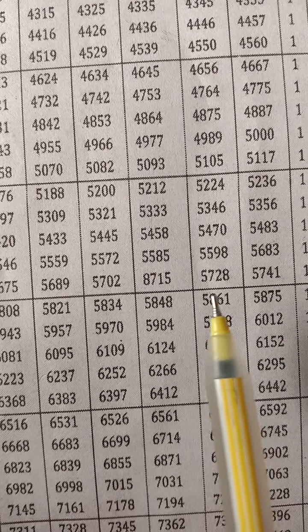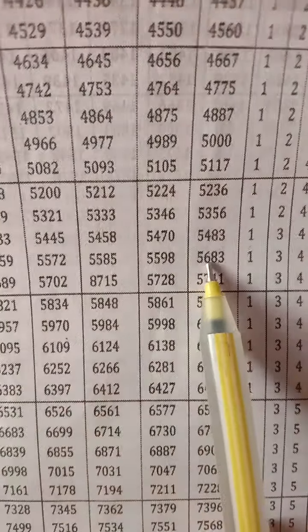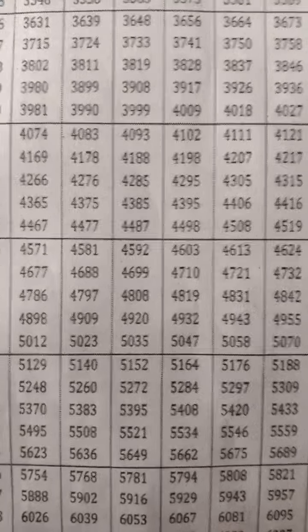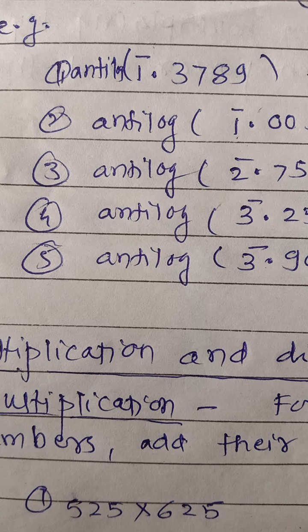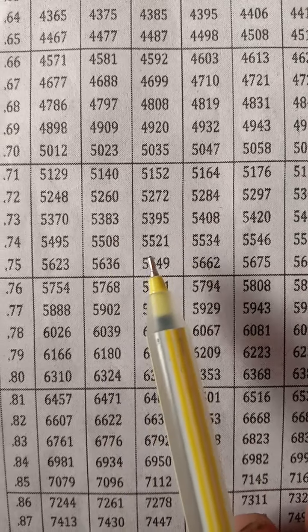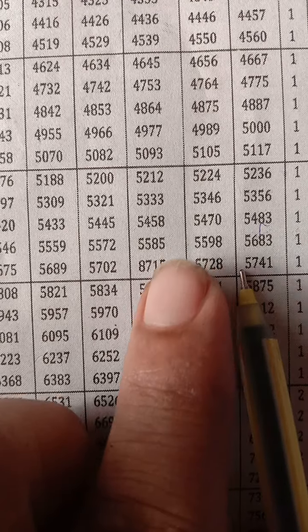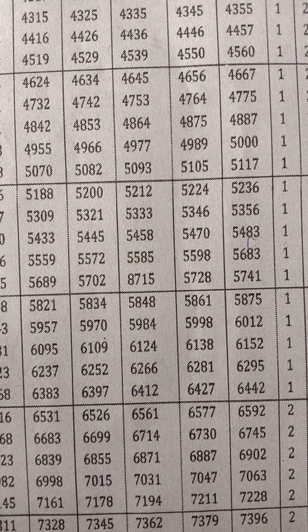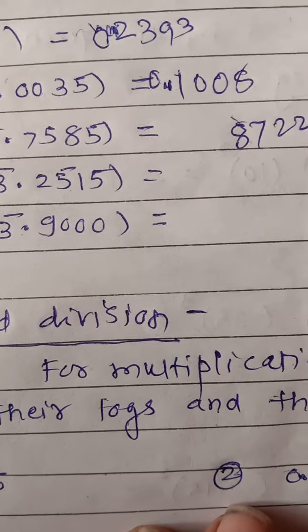So from the 8th column it is 5728, and then we will have to proceed for the 5th column mean difference, which is 7, and therefore it is 8722. Now here it is written 8722.